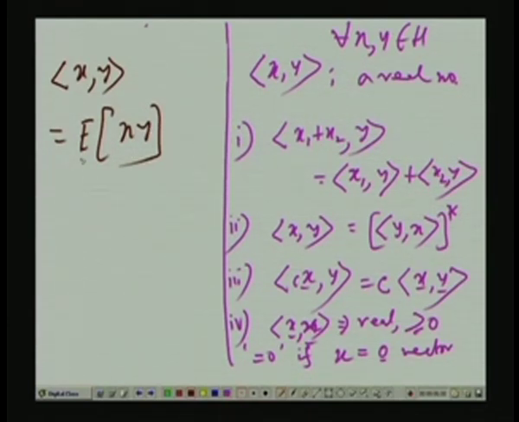This is always positive because of x square and then the expected value. It is always real and non-negative, and it can be 0 only if x always takes the 0 value. So its square also is 0, and the expected value also is 0. That is, x is a 0 random variable which takes the 0 value with probability 1. This is the correlation.